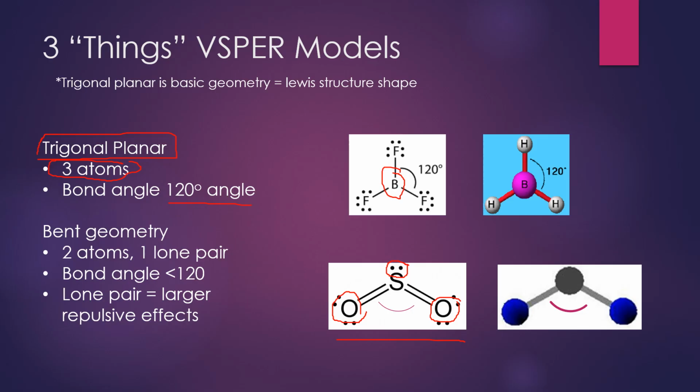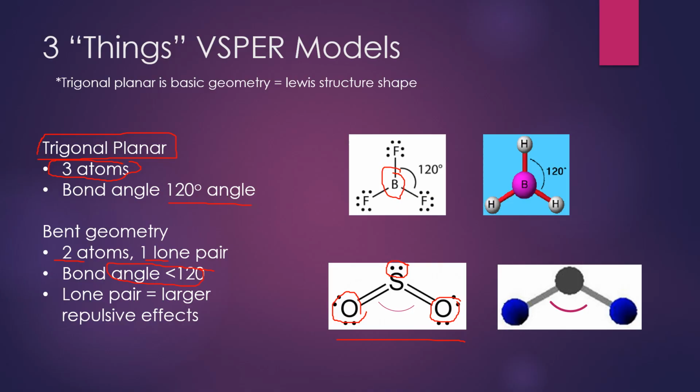So it has 3 total things, but 2 of those things are atoms and 1 is a lone pair. So due to 1 being a lone pair, that changes the shape. We now have a bent molecule, and the bond angle is going to be less than 120 now.